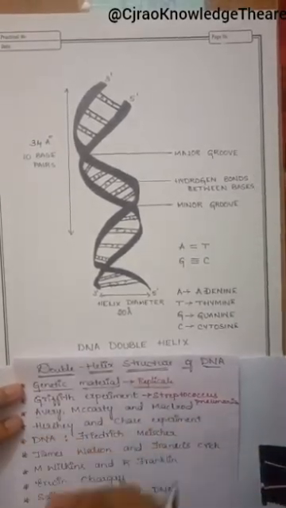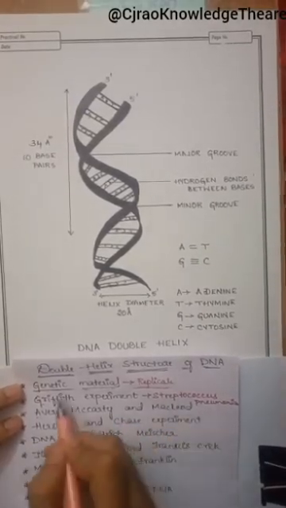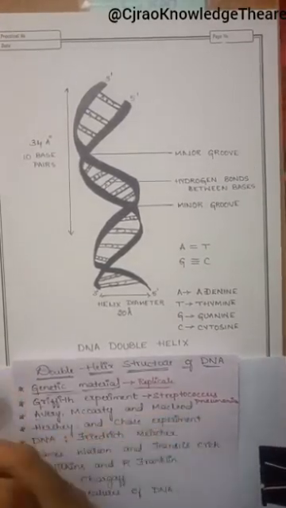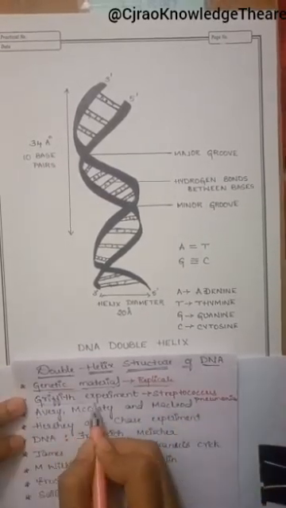The most conclusive evidence in support of DNA as a genetic material came from various experiments. First, coming to the Griffith experiment.